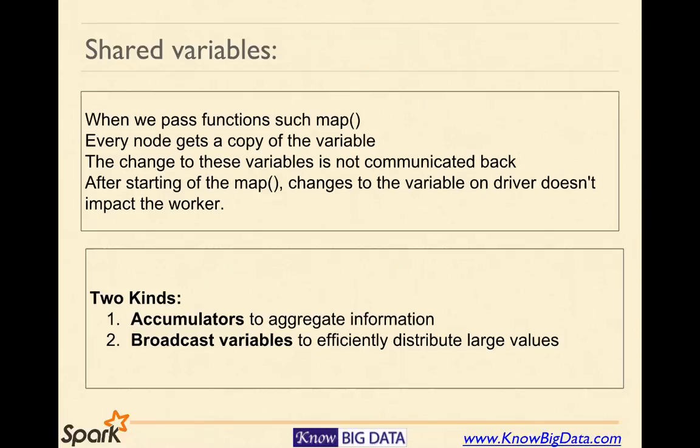If you change these variables while the processing is happening, it's not going to have any impact, because when the driver starts execution on all the nodes, a copy has already gone. Therefore, the nodes will not receive anything, and there's no way to communicate back changes.